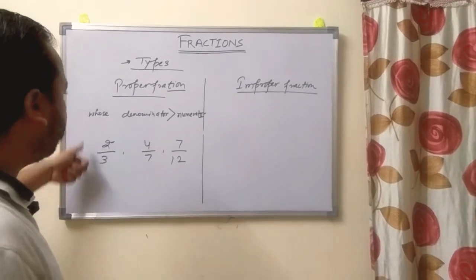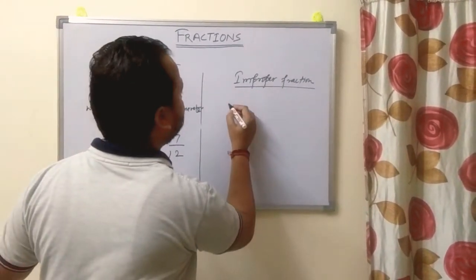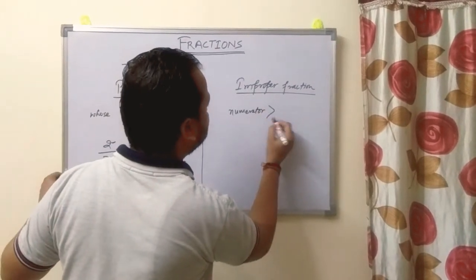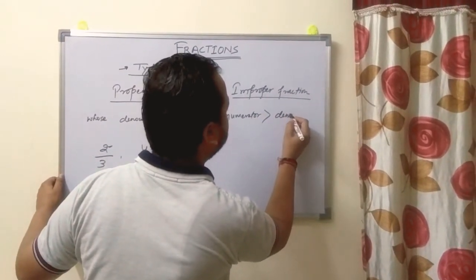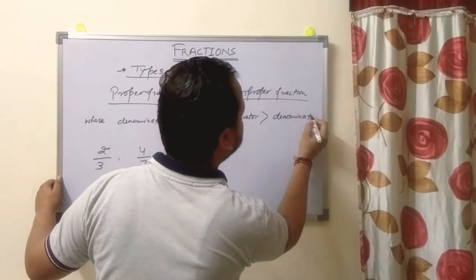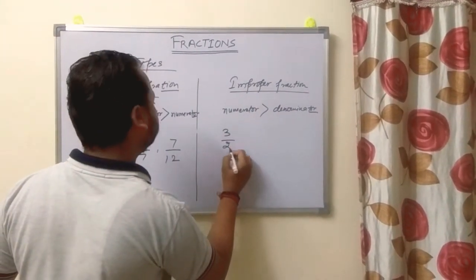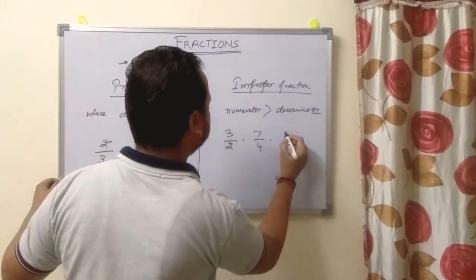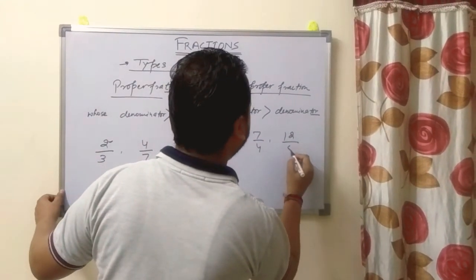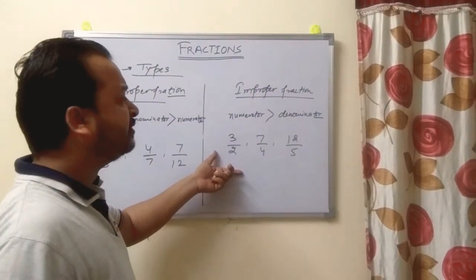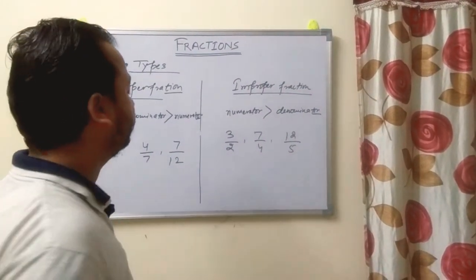And the opposite of this is improper fraction, where numerator is greater than denominator. Like 3 by 2, 7 by 4, or 12 by 5. These are known as improper fractions.